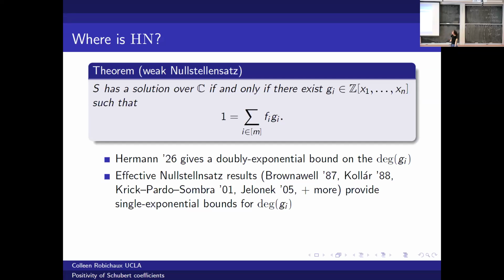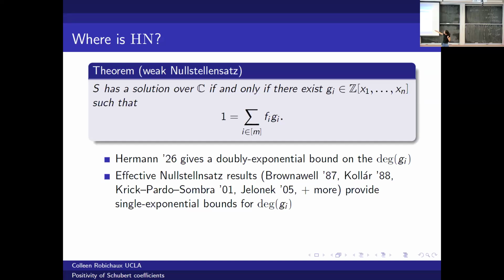The weak Nullstellensatz says that my system is going to have a solution if and only if there are some other polynomials gi that combine to give me the unit. That's a very straightforward framework for the question. Let's see what that gives us in terms of the complexity. In '26, Greta Hermann gives a doubly exponential bound for how big the degrees of these gi's are.